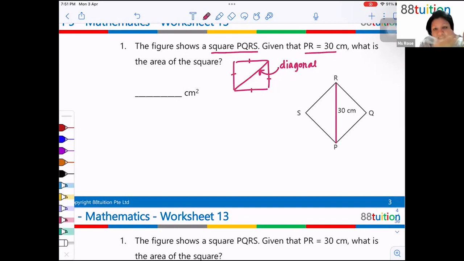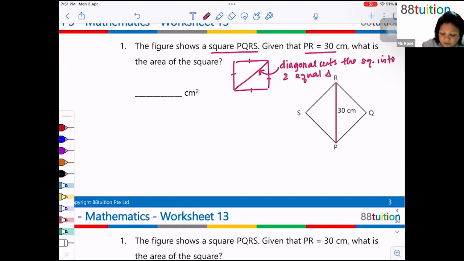So the area of each triangle that is formed by the diagonal will be equal to each other. And the sum will give you the area of the square. So the diagonal cuts the square into 2 equal triangles.